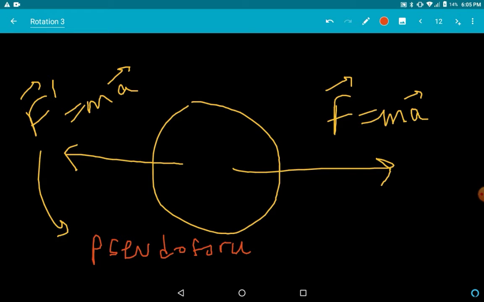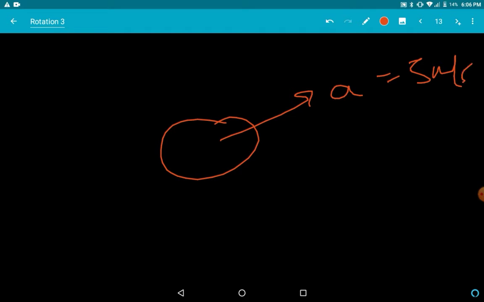Pseudo force is a just opposite directional force that arises, a superficial force, which arises due to the movement of bodies while accelerating. So let's say if a body is moving with acceleration 5 meter per second squared, there will always be a pseudo force F equal to ma acting in this direction. Understand? This is the concept.